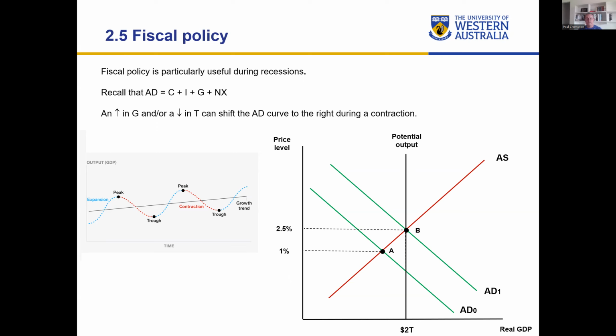So the aggregate supply curve is pretty much where it is. It's very difficult, if not impossible, for the government to implement any policy that's going to shift that left or right. Now, you might be thinking, well, what if the government implemented an economy-wide subsidy? Wouldn't that shift the aggregate supply curve to the right? Well, I guess in some sense it would, but that is just not a credible policy.